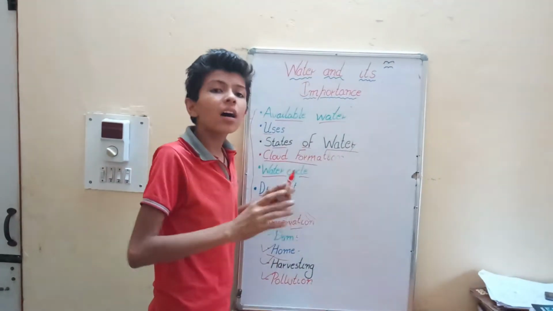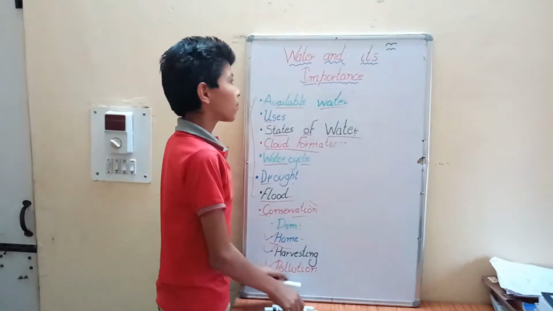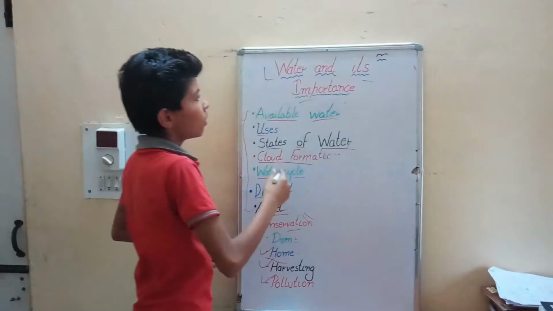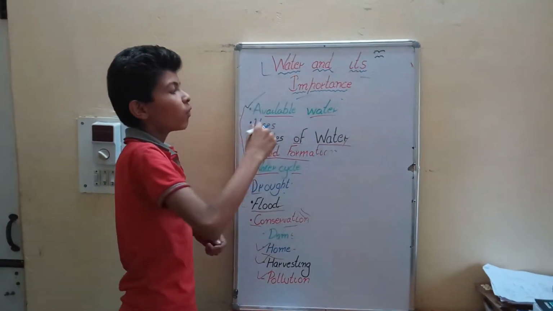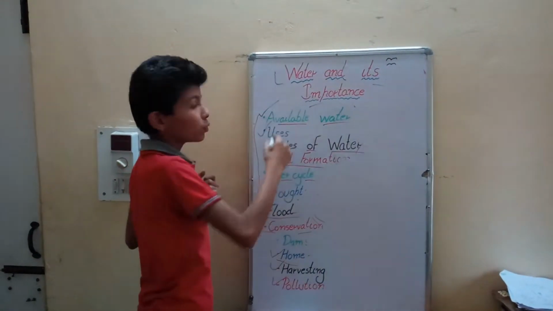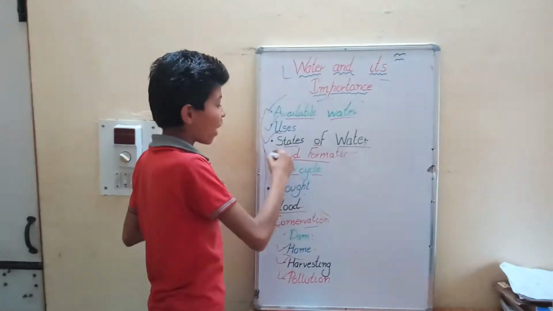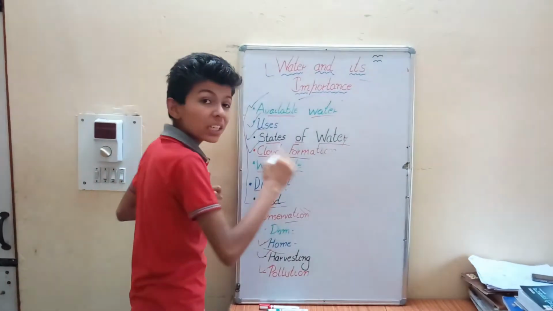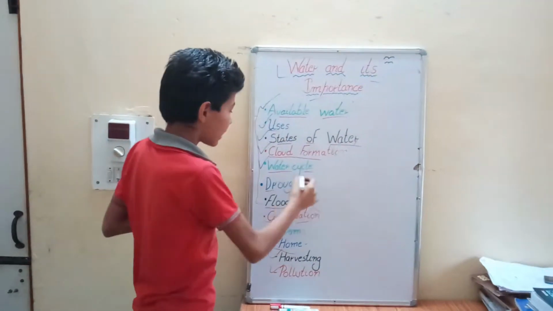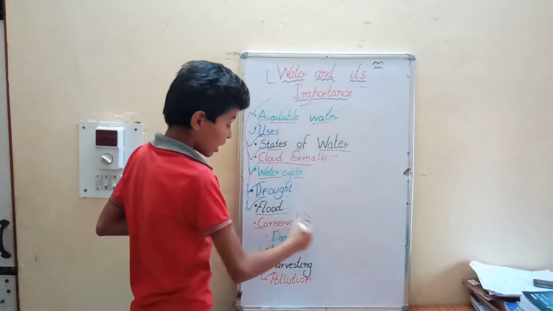and many other things. So friends, what we have learned today on the topic of water and its importance: available water on the earth for our use, uses of water, states of water, cloud formation, water cycles, and the methods of the water cycle, drought, flood, and conservation.